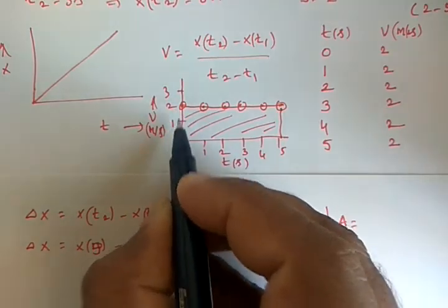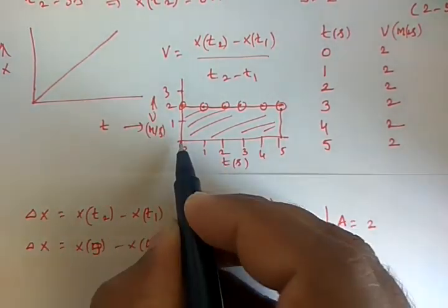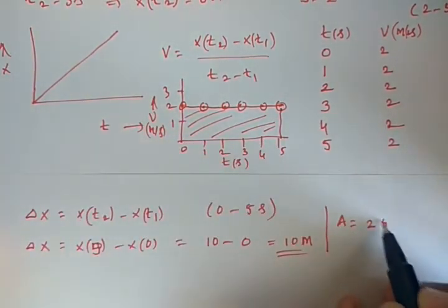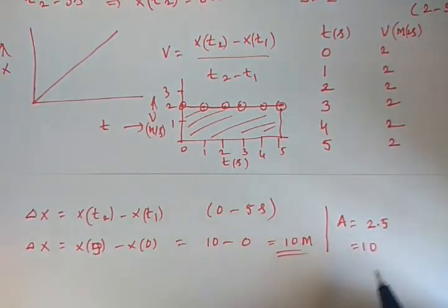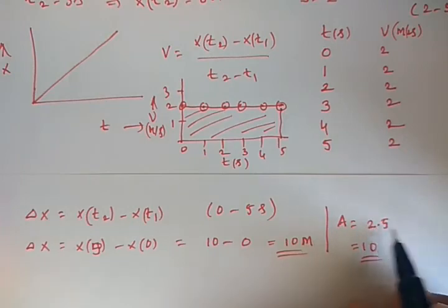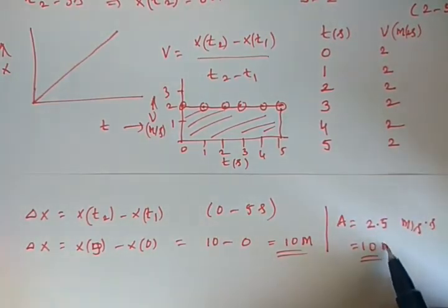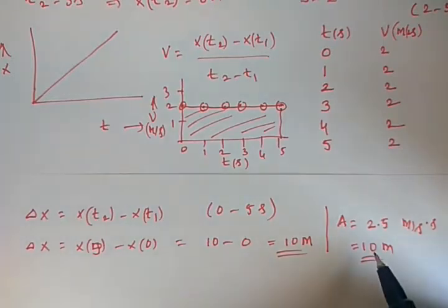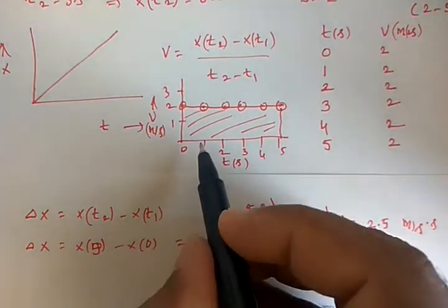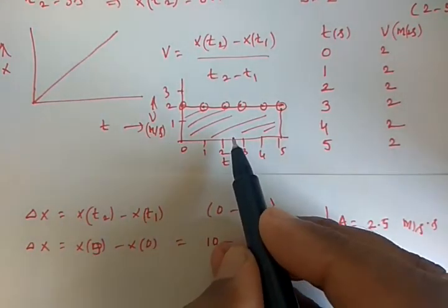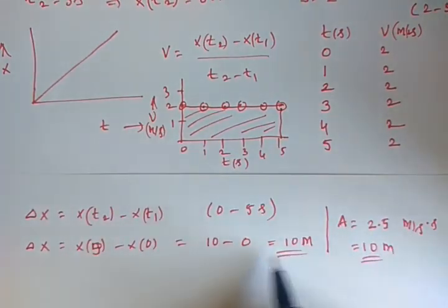This length is 2 and this length is 5. Then 2 into 5 is 10. Because 2 is meters per second and 5 is seconds, meters per second times seconds is meters. So area is 10 meters. So it means if you take area under the velocity time graph, you will get change in position.